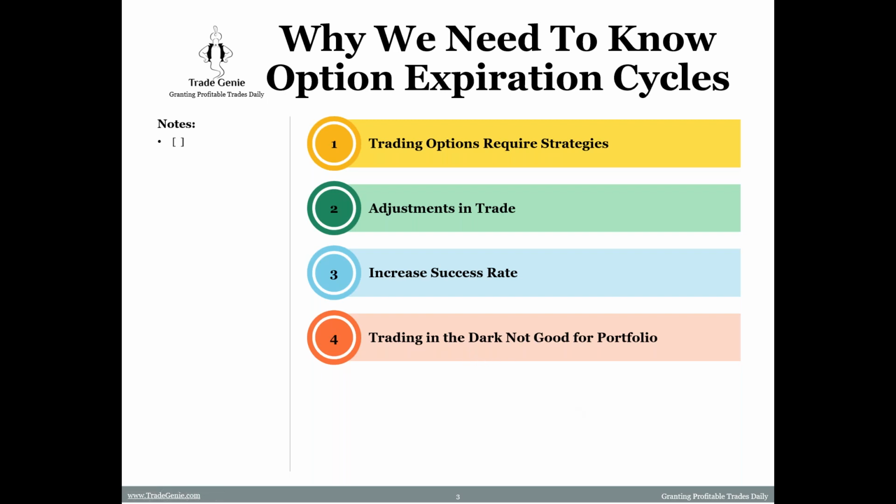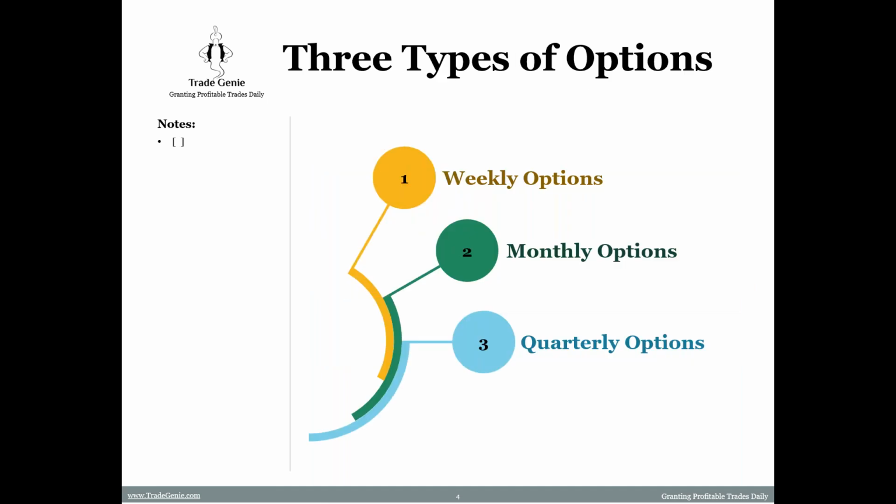Sometimes we have to roll over our option trade. So knowing when we can roll over, what month we can roll over to, and how many days we can buy, what is available after this month's expiry, helps our success rate. So knowing the option expiration cycle is important. Now there are three types of options: weekly options, monthly options, and quarterly options.